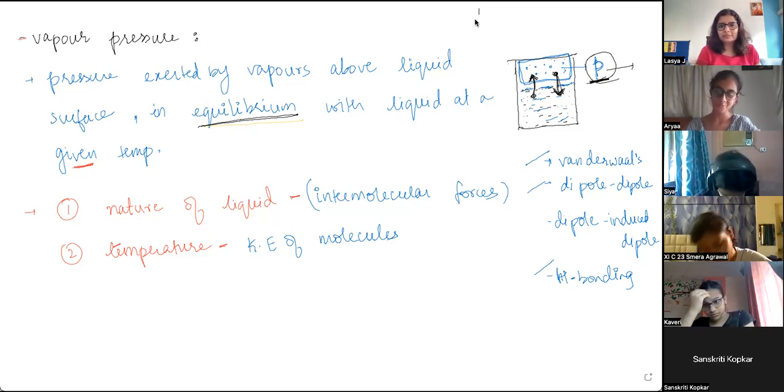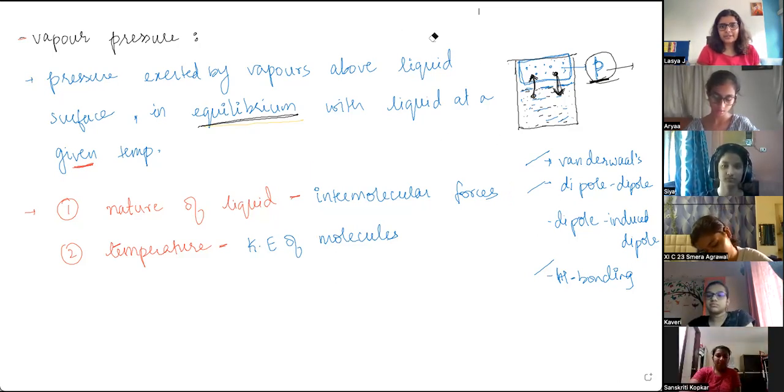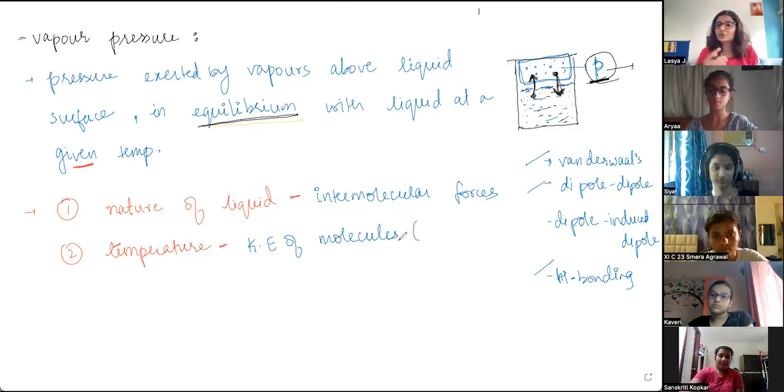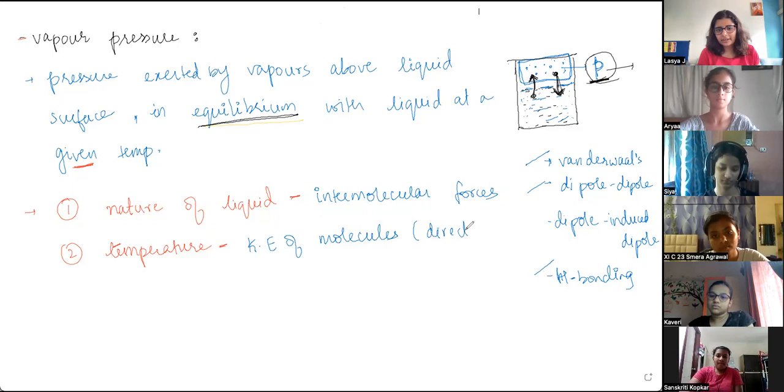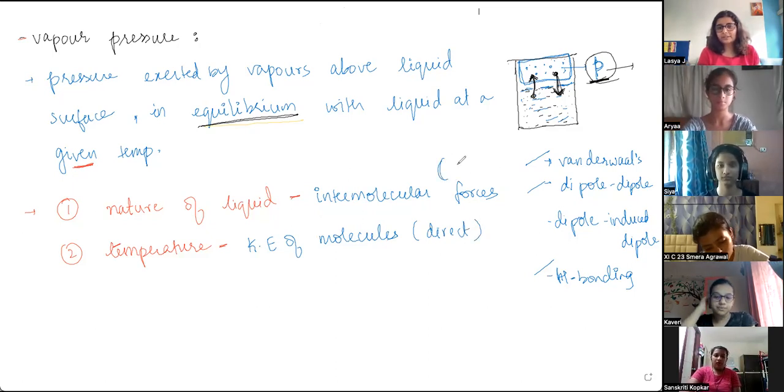Okay. So, intermolecular forces and temperature. Temperature has a direct relationship: higher temperature means higher vapor pressure, because more molecules are vaporized. And intermolecular forces have an inverse relation to the polarity.